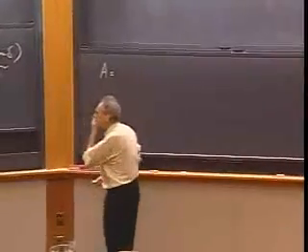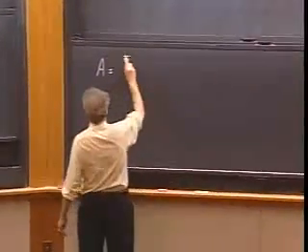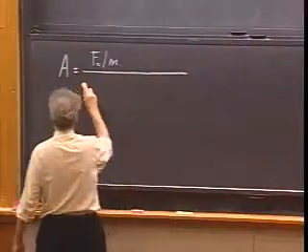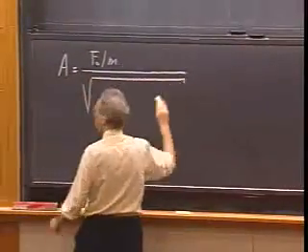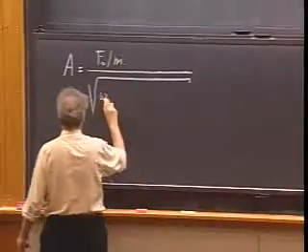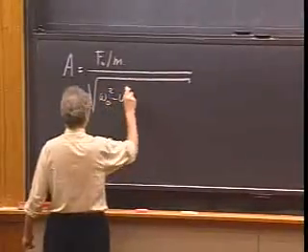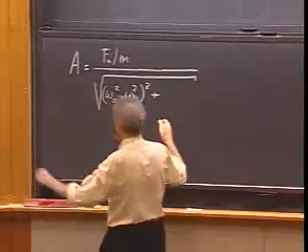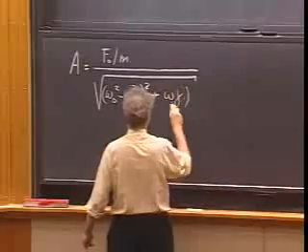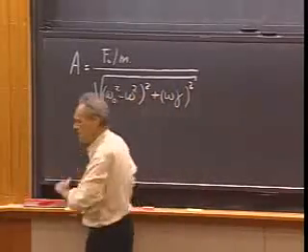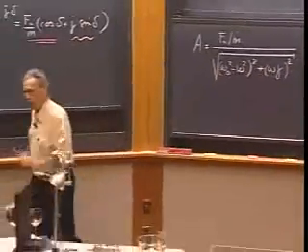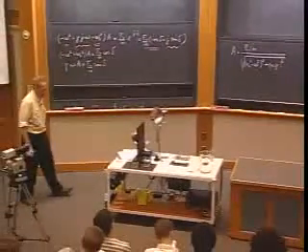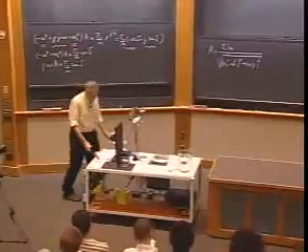So A is going to be F0 divided by m upstairs, and downstairs you're going to get omega 0 squared minus omega squared, all squared, plus omega gamma squared. So this is the amplitude of the object. We'll talk about this for at least the next 10 minutes. It's a very complicated function.